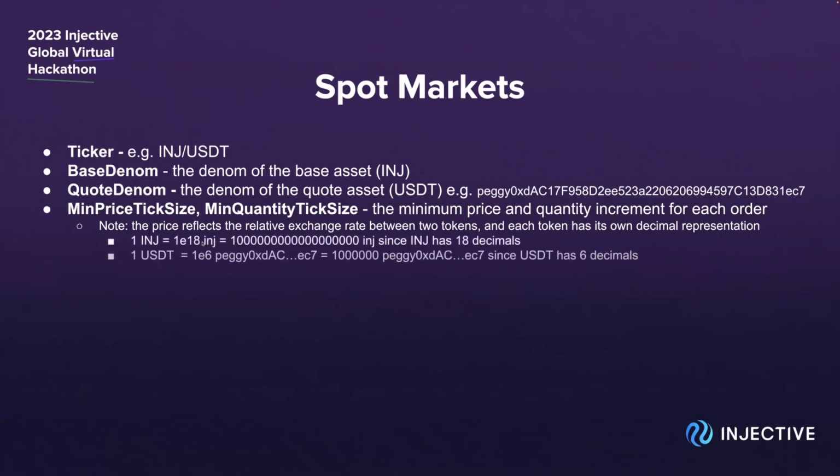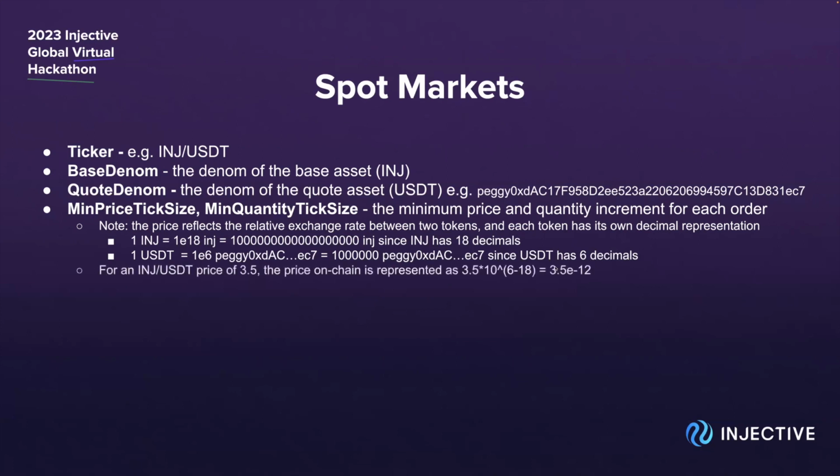Conversely, 1 USDT is 1 million peggy 0xDAC, because USDT has 6 decimal places.